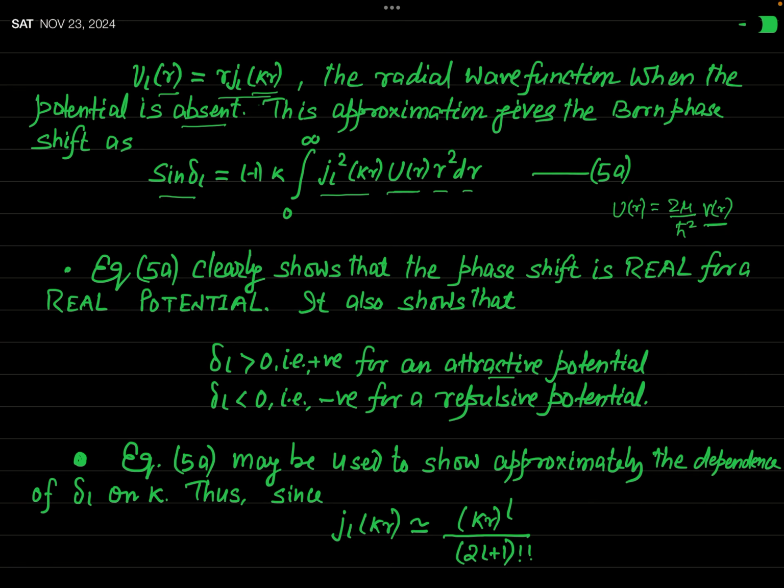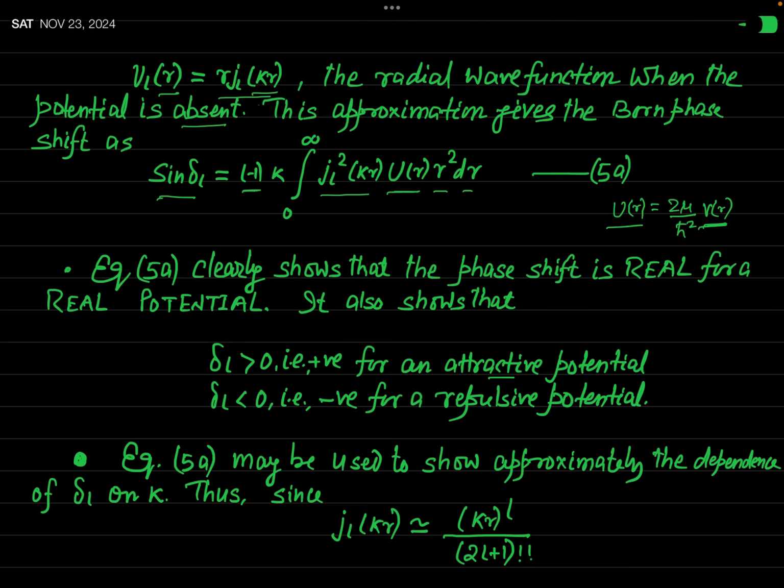Again, you can see if the potential is attractive, an attractive potential has a negative sign. So in that condition, you must take this V of R negative. And if V of R is negative, U of R will also be negative. And that minus sign and this minus sign present here, when multiplied, will become plus.